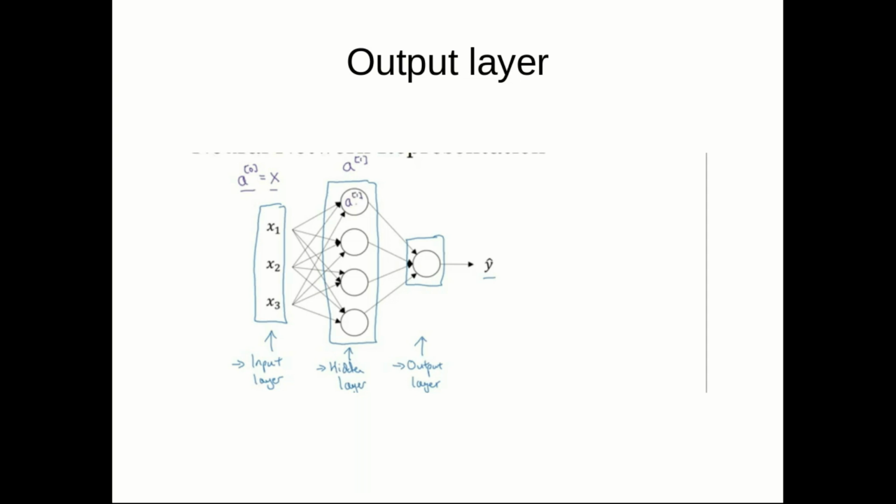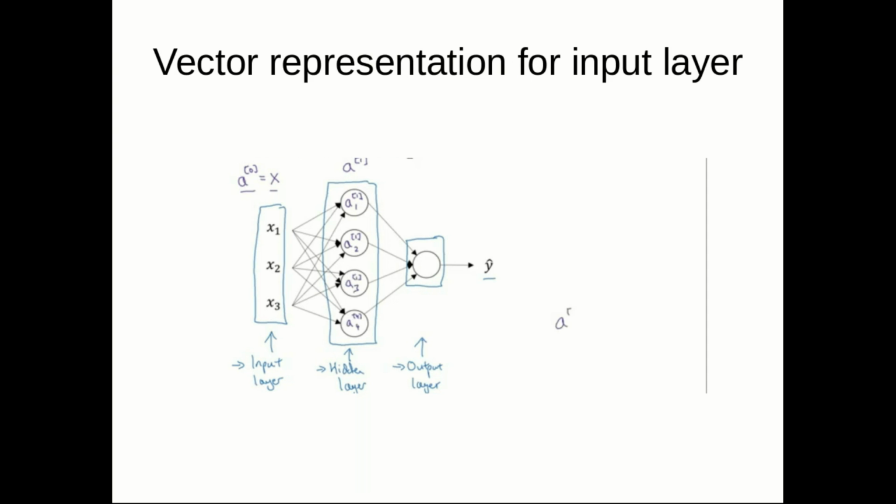We'll represent the hidden layer with a superscript 1. And then we'll represent each node of the hidden layer with a superscript 1, and the subscript would be the rank, or the number at which the node is located.